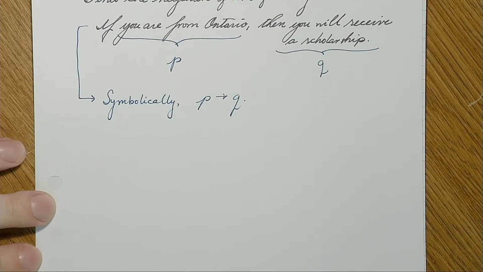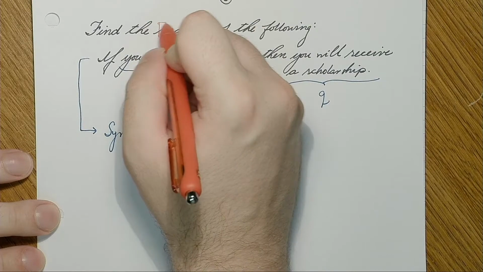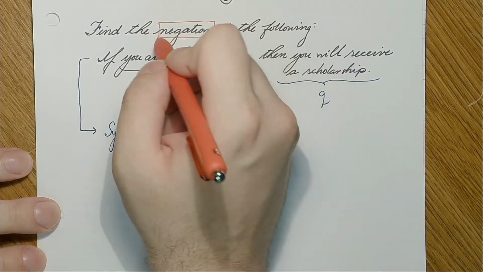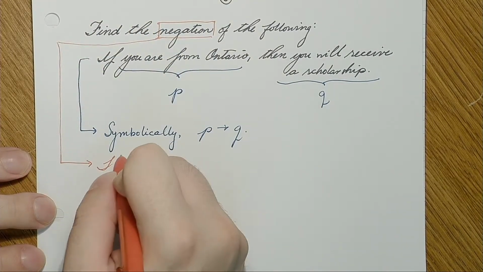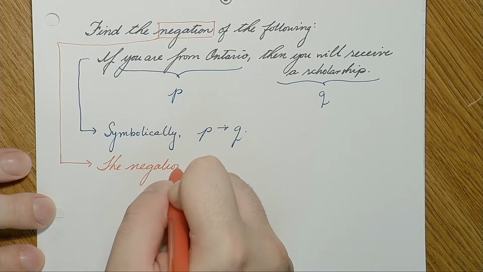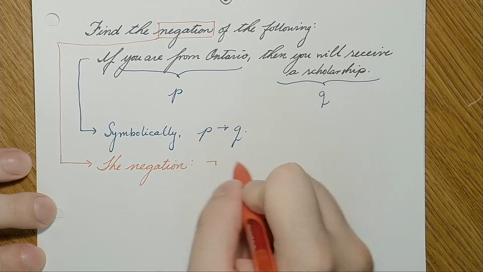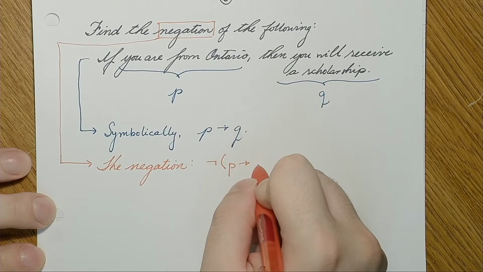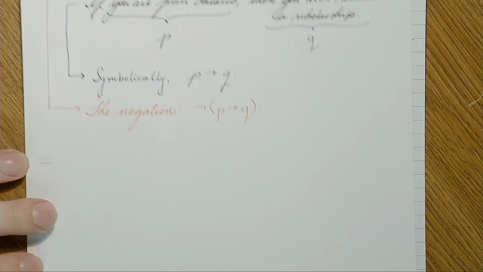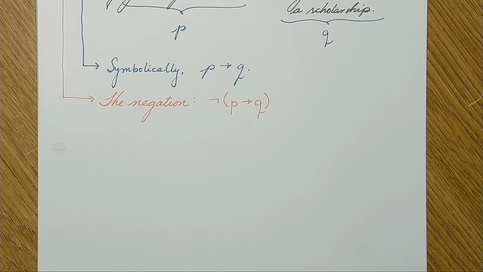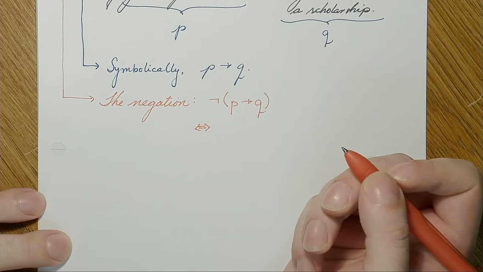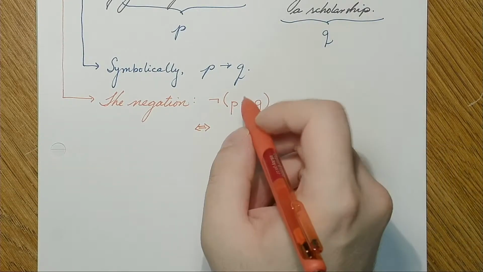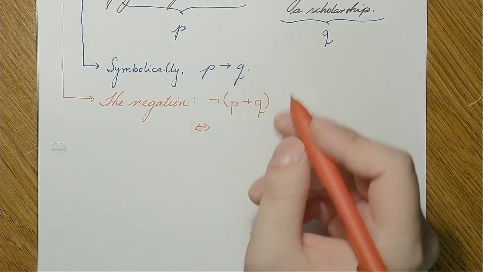Well, to find the negation, what that would mean is that it's the negation of P implies Q. Well, the first thing that we can do is we can convert this using the implication rule.